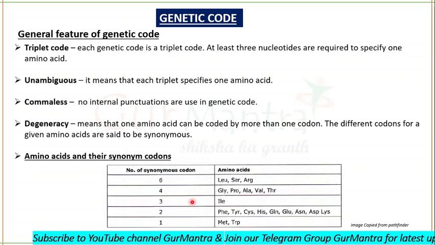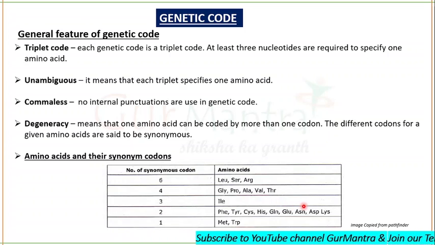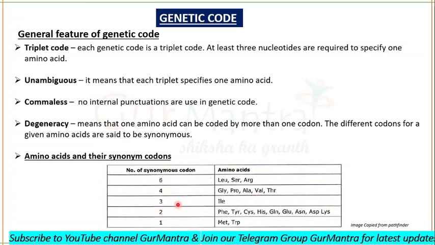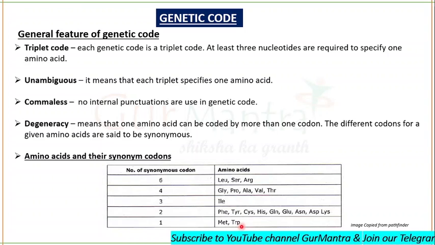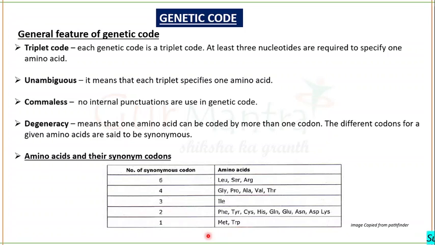Isoleucine will have only 3, whereas phenylalanine, tyrosine, cysteine, histidine, glutamine, glutamic acid, asparagine, aspartic acid, lysine will have 2 synonymous codons. And methionine and tryptophan are the amino acids which have only one codon. So we could say that degeneracy is not applied on these 2.